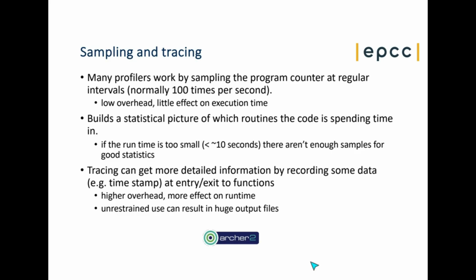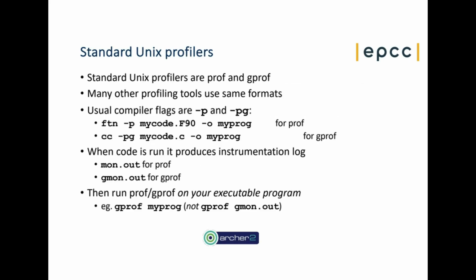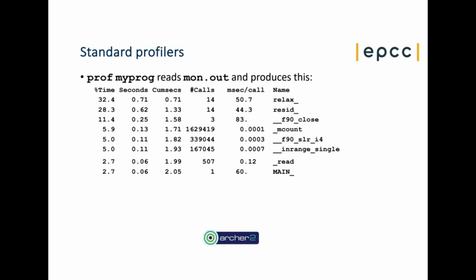In particular, one of the tables in the CrayPat output is the heap stats. It tells you what the maximum memory usage was for your program, how many allocations and frees happened, and also what was not freed.